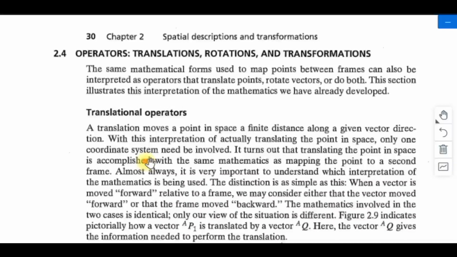For that purpose you may write a program so that this type of operation, translation, rotation and transformation, is possible.